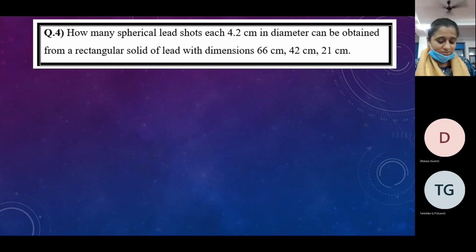Tanya and Tanishka can share pictures on WhatsApp if you finished.